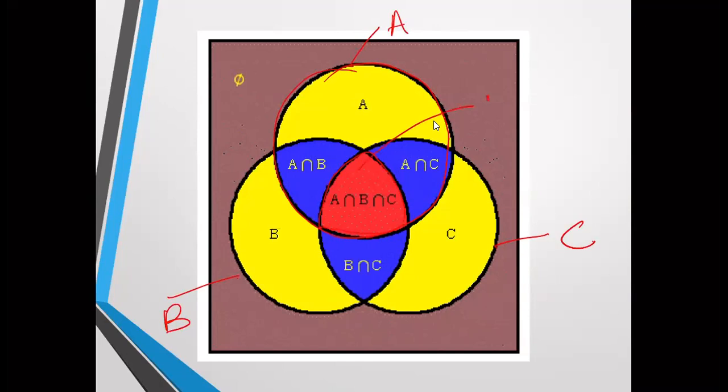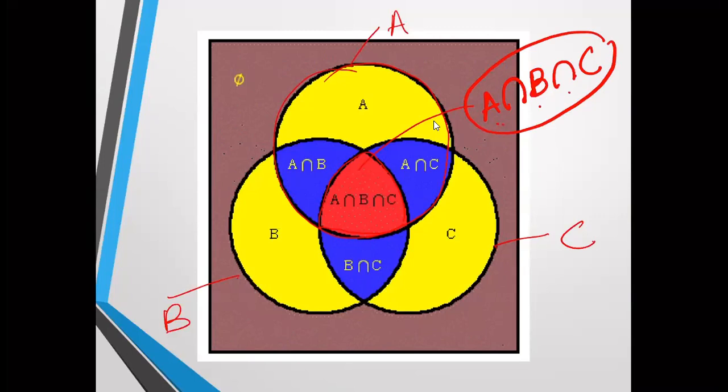That region can be denoted as A intersection B intersection C, the common elements for A, B, and C. If we have 3 events, there could be elements which are common for all the events A, B, and C.